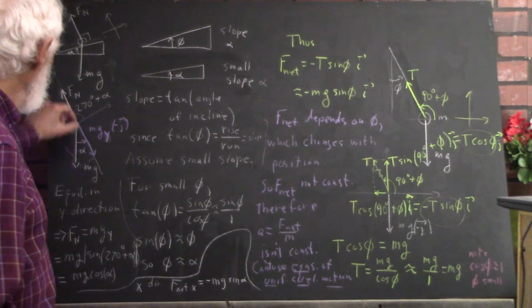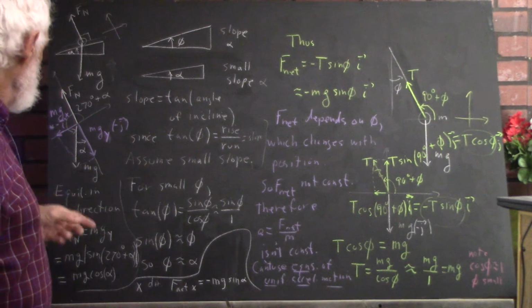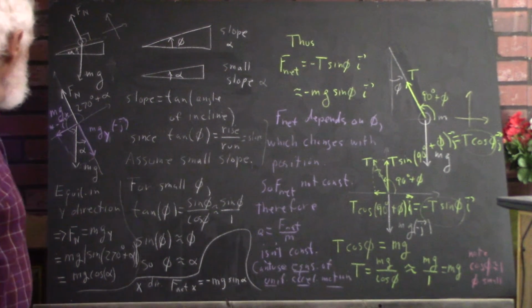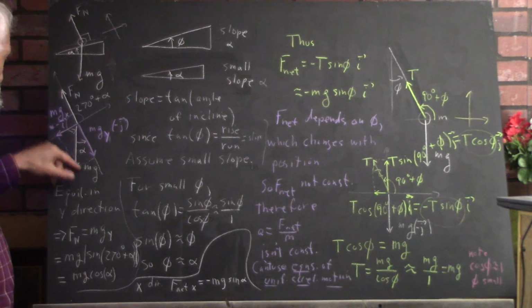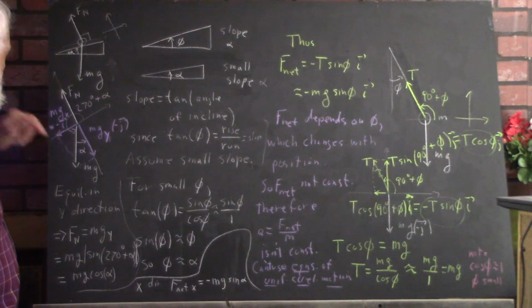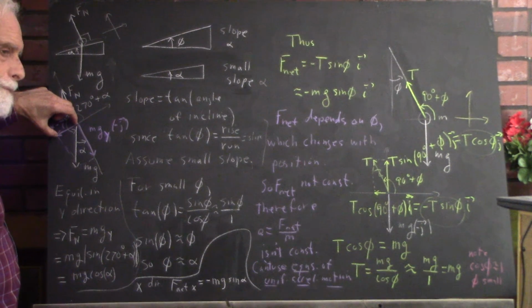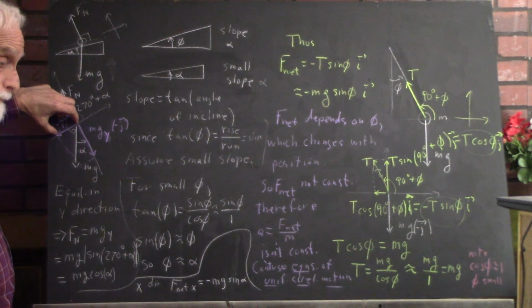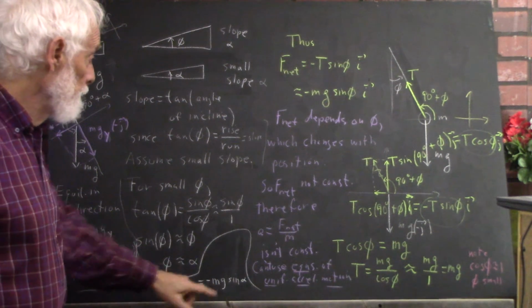The net force then is just a force in the x direction, which is negative mg times the sine of alpha. And you can get that from the diagram. Here's your triangle. Here's alpha. And here's the magnitude of this vector times the sine of alpha. The negative x direction, so the negative sign.